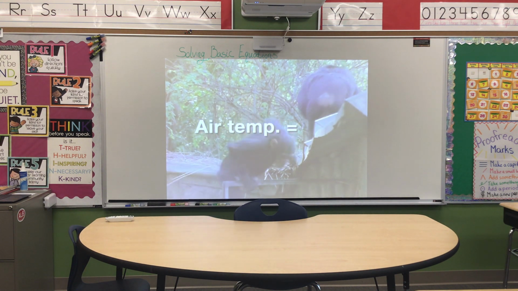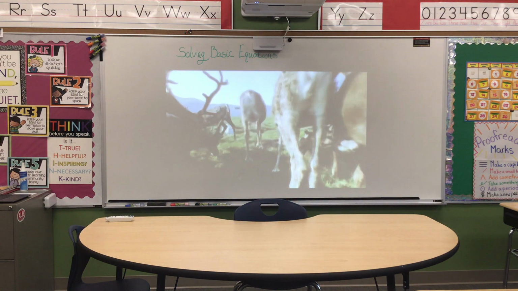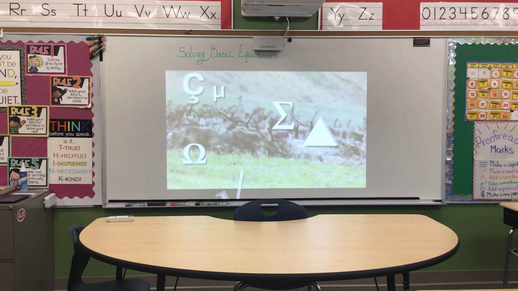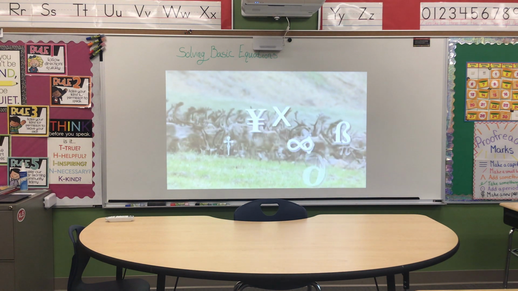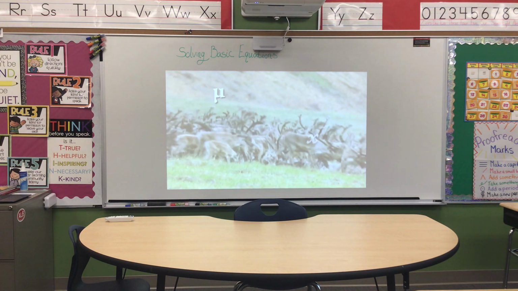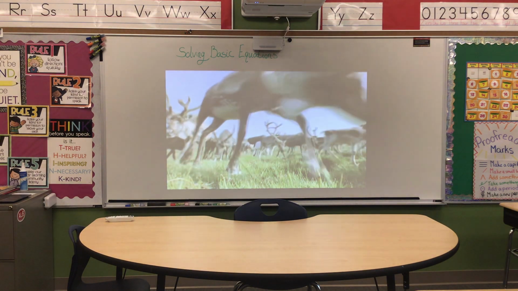Or the air temperature is a question mark in degrees Fahrenheit. Like a question mark, other letters or symbols can represent numbers that vary or that we haven't figured out yet. This allows us to have more than one at a time for different quantities. Let's look at some examples of how symbols can represent variables.